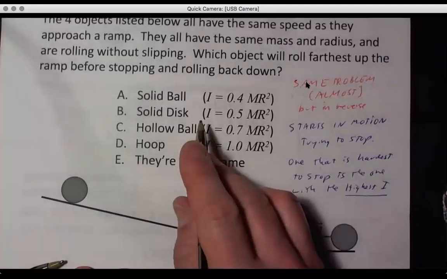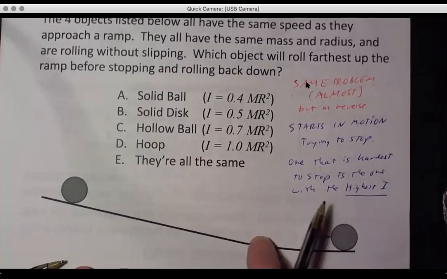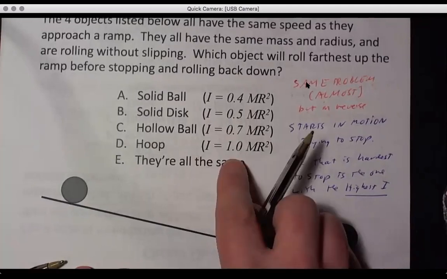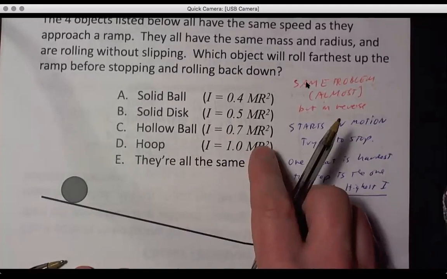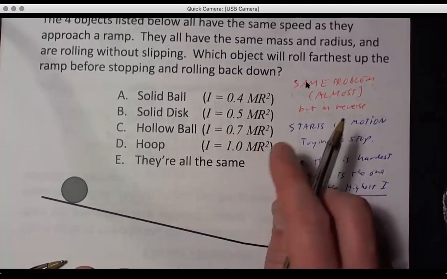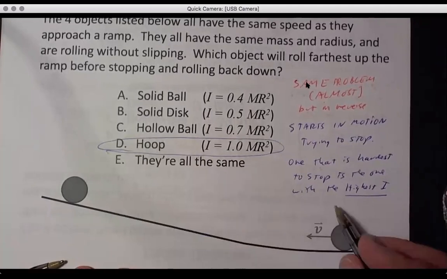The one with a small moment of inertia is easy to stop. The hoop is the hardest to stop because it took the most work to get it going. And so that one is the hardest to stop.